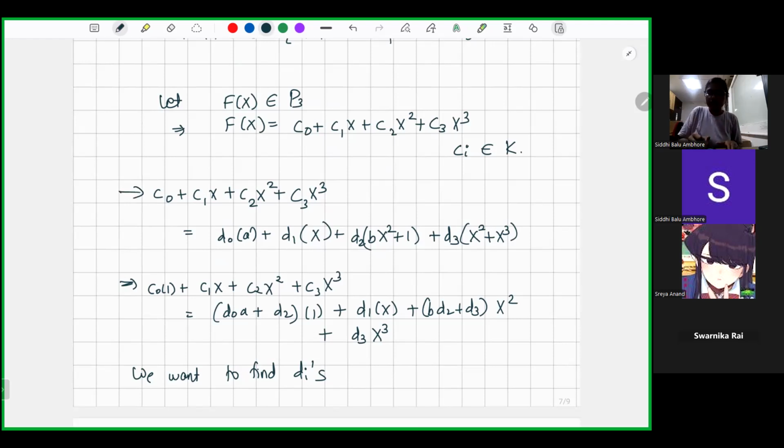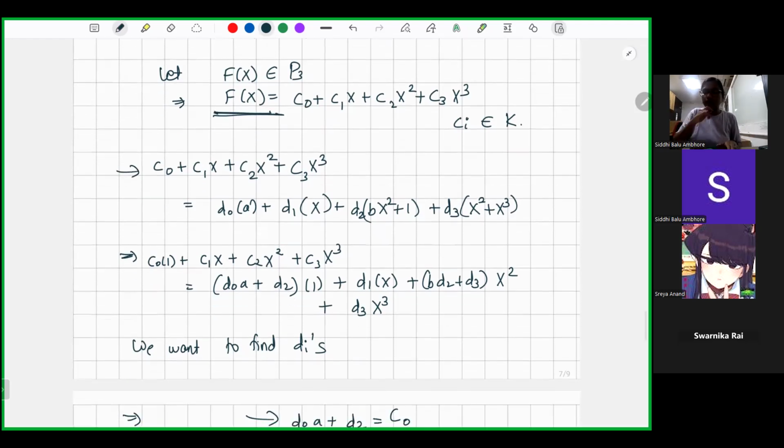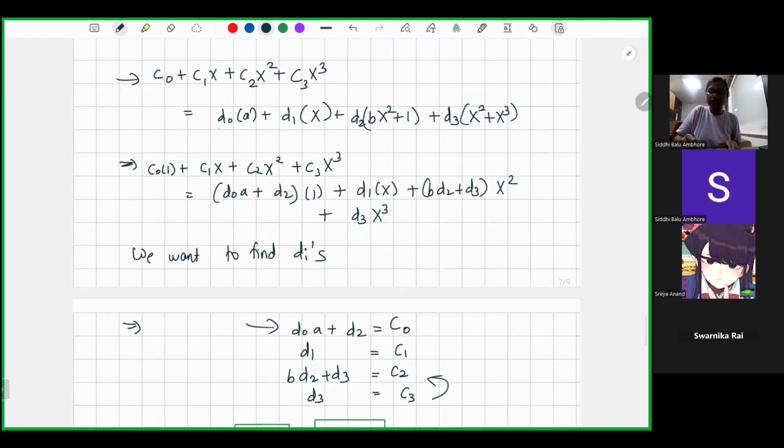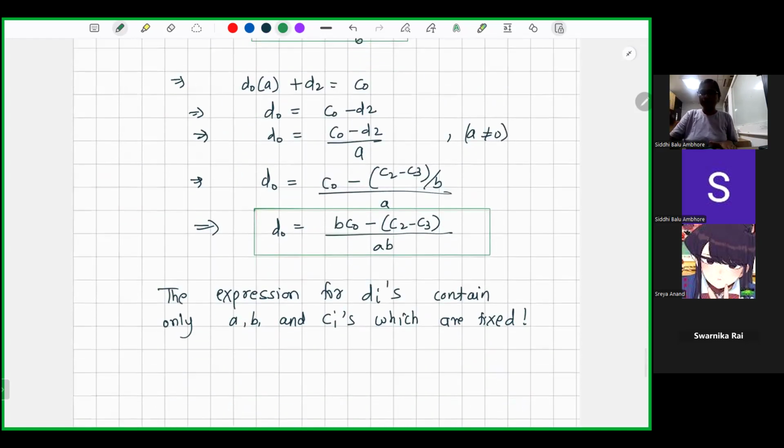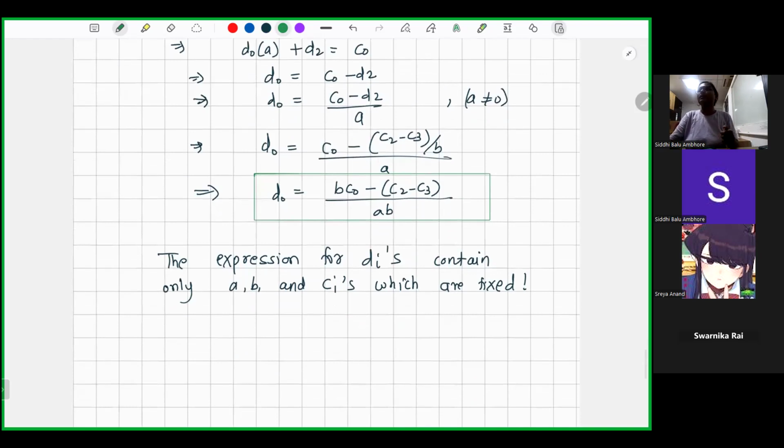So when I'm fixing f here, I'm fixing these CIs here, and I wanted to find these coefficients d0, d1, d2, d3. And I got the expression for DI in terms of these CIs and a, b. a, b was anyway fixed initially.